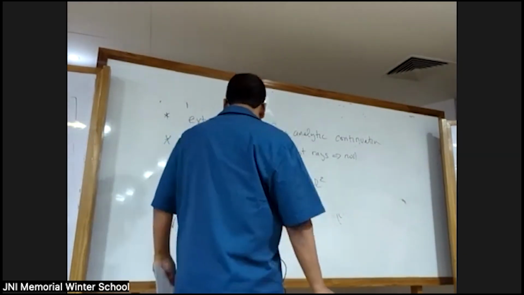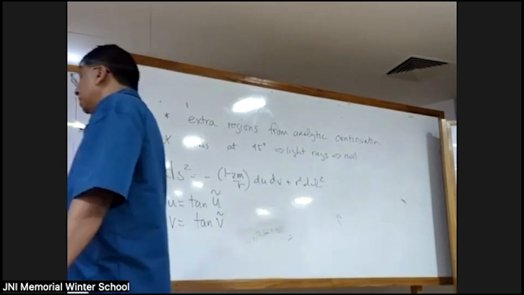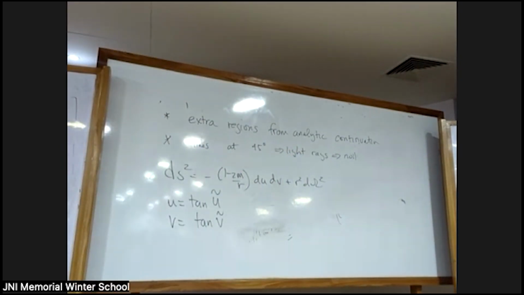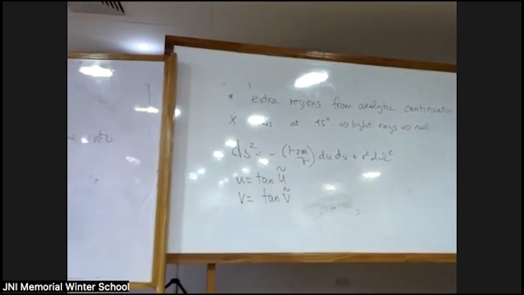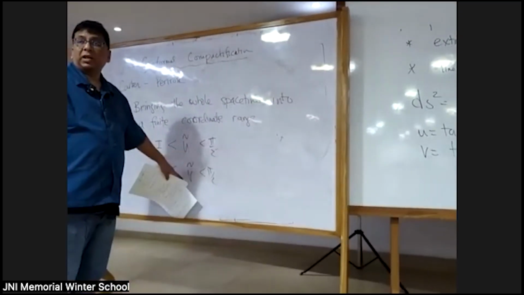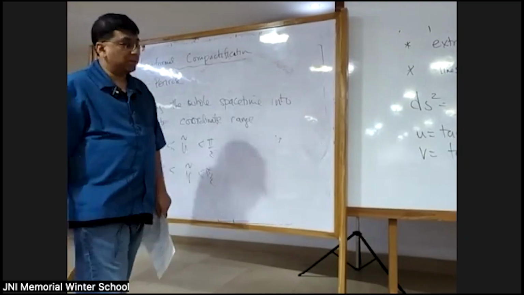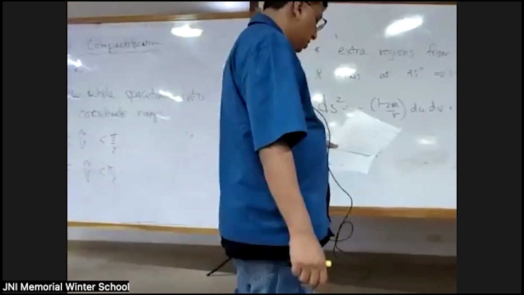So this means that U tilde has this coordinate range and capital V tilde has that coordinate range.